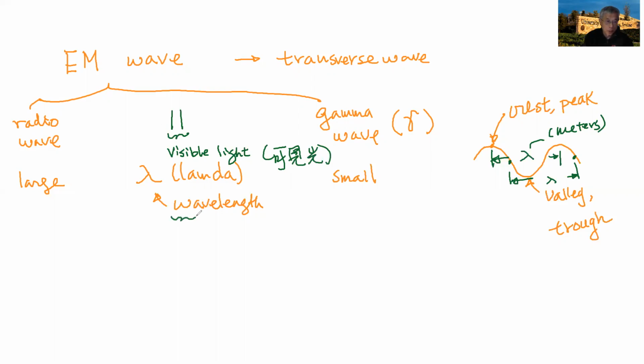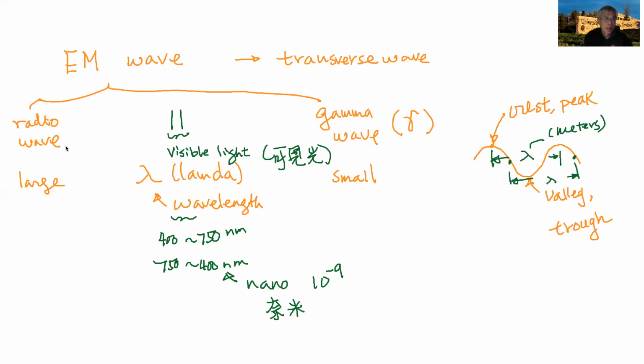This range goes from about 400 to about 750 nanometers. So I should write this on this side: this is 400 nanometers. Nano is 10 to the negative 9. In Chinese, nano means 9.